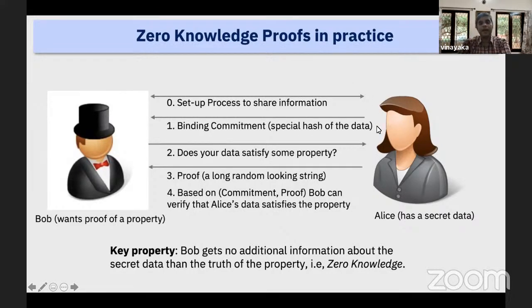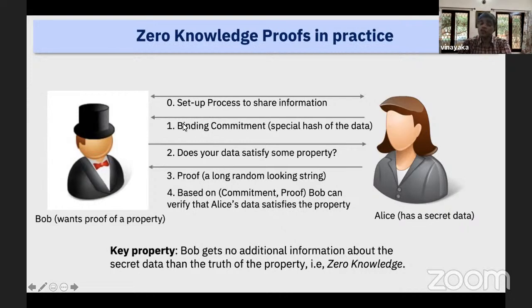After that, what is going to happen is the owner, right? She has the secret data, right? She makes what we call a binding commitment to the data, meaning that once she commits to this data, she will not be able to prove any false property about this data. That's why it is called binding, okay? And it's a special hash of the data, okay? Meaning the person who looks at this commitment cannot make out anything about the data itself.